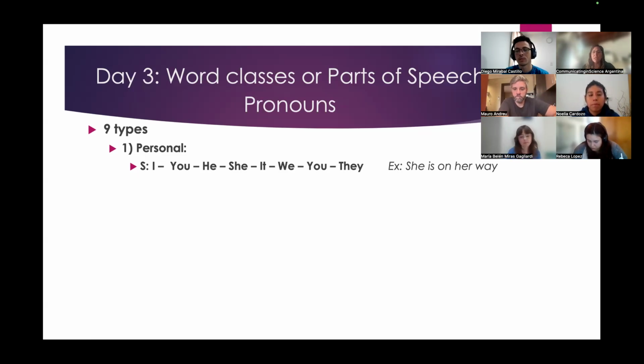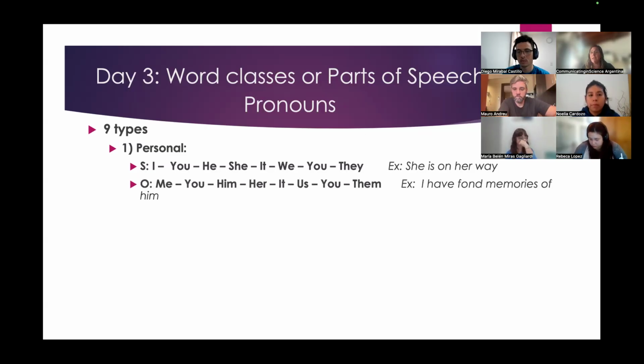But there are also a set of pronouns that are used as the object of the sentence. And those are me, you, him, her. When I say it affects me, I'm the object of that sentence, the me.